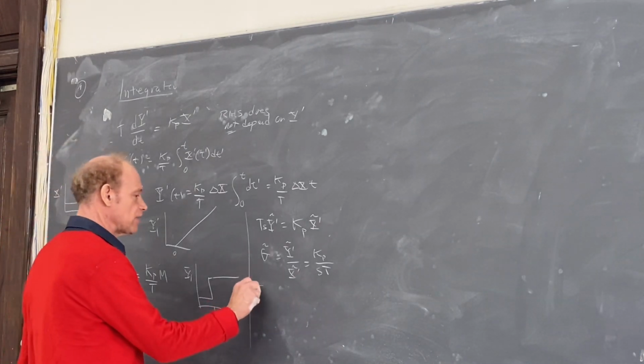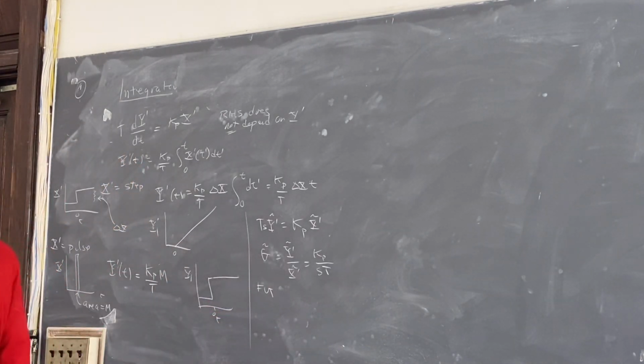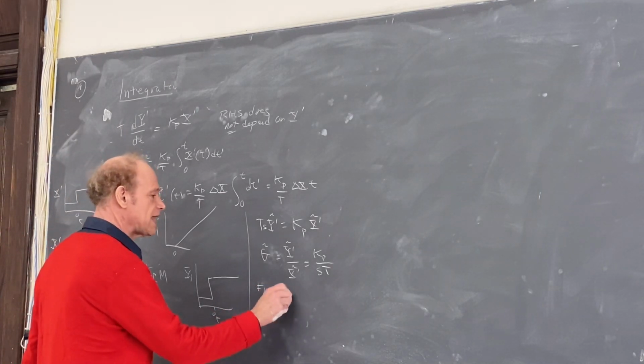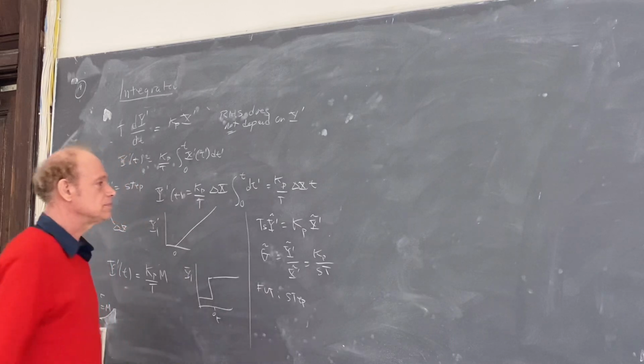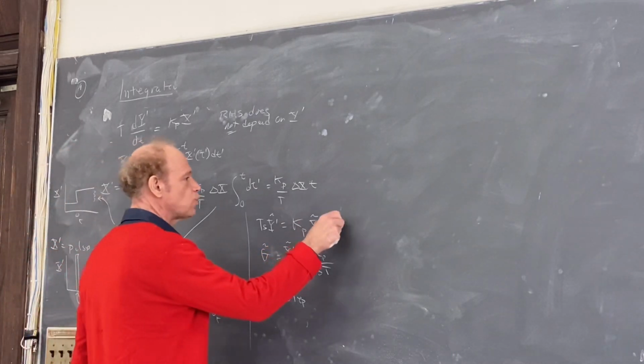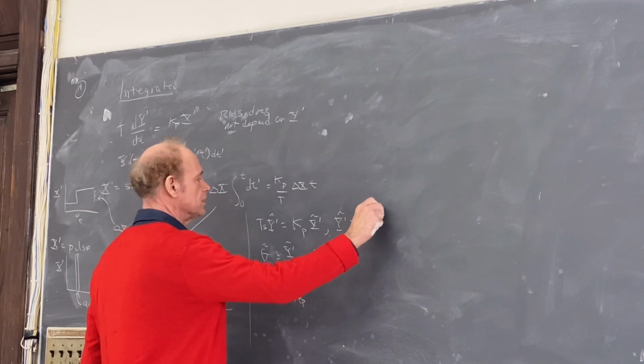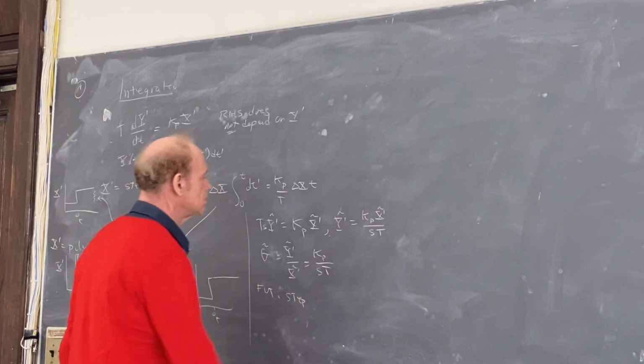Let's look at the final value theorem. Let's just verify this. Y prime tilde is kp x prime tilde over st.